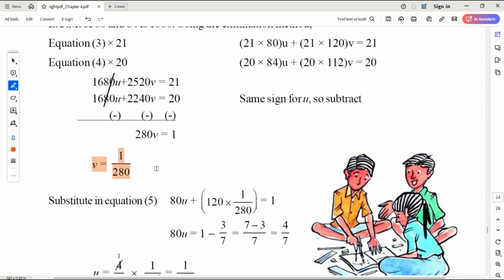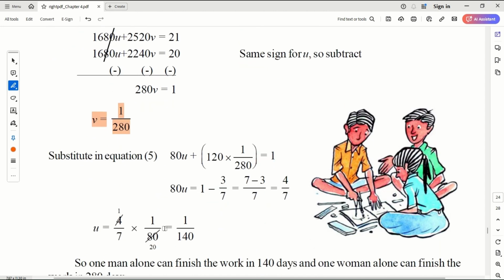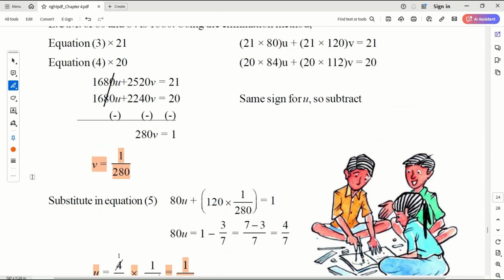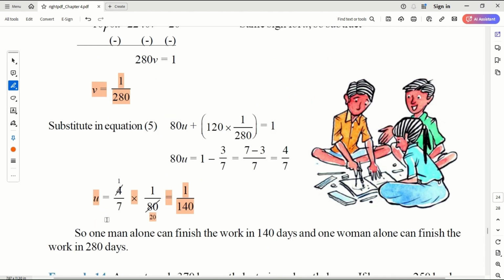You get v as 1 by 280 and u as 1 by 140. So that means one man can finish the work in 140 days and one woman can finish the work in 280 days, because these are exactly the 1 by x, 1 by y, right?